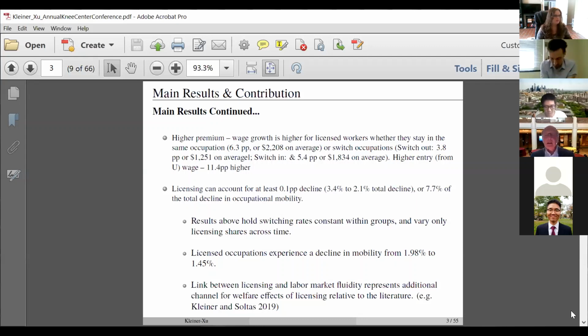So the idea that licensing may contribute to the decline in overall welfare, which some earlier work I did with Evan Soltis tries to get at: what are the overall or macroeconomic effects of licensing in terms of a cost-benefit framework, in terms of what individuals are willing to pay for having a licensed service, and in terms of the overall macro effects.